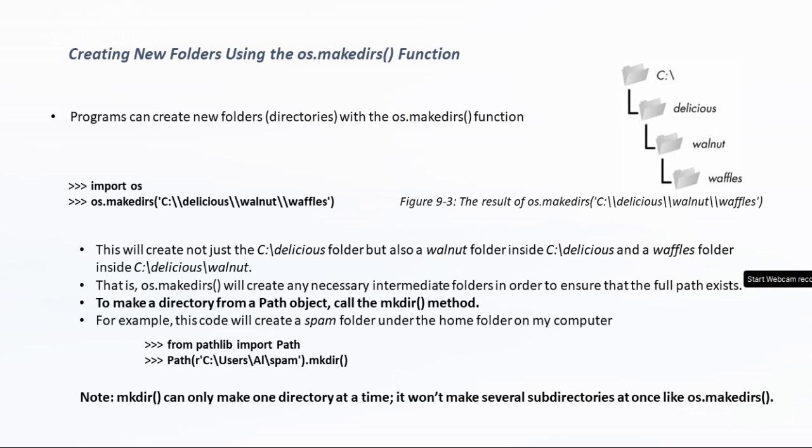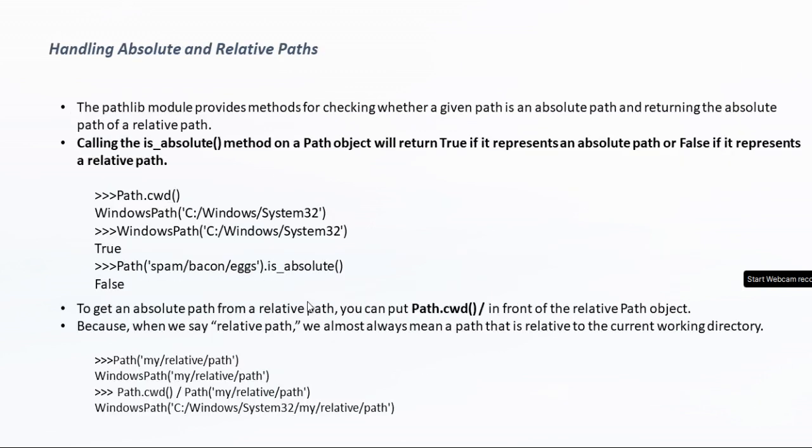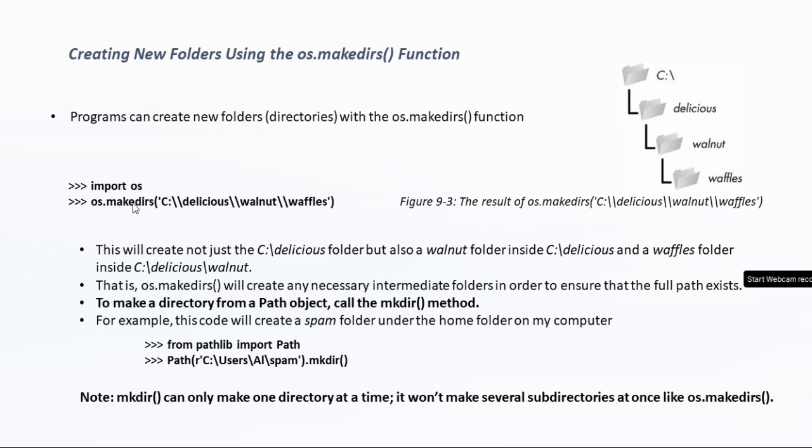Now, there is another way of creating a directory, which is called mkdir. This mkdir function is available under the path module. In the same way, just give path, give the folder name, and under that .mkdir. So basically, the difference between makedirs and mkdir is, with makedirs you can create as many folders as you want. You can create a hierarchy of folders.